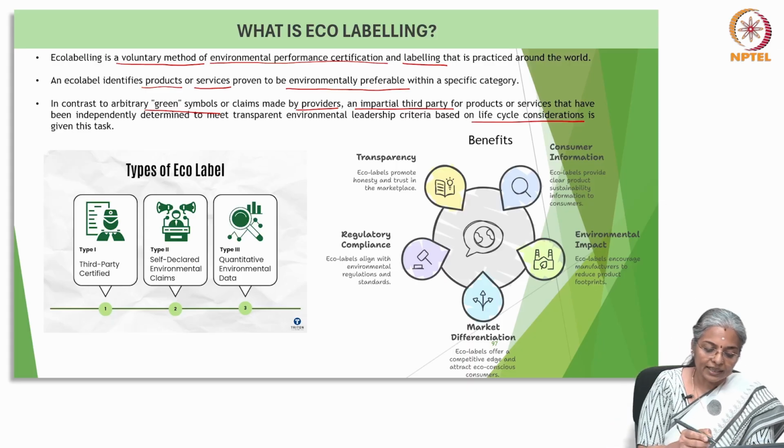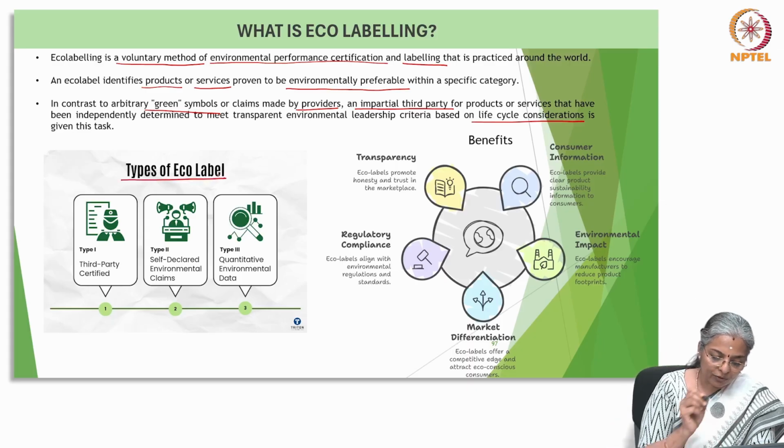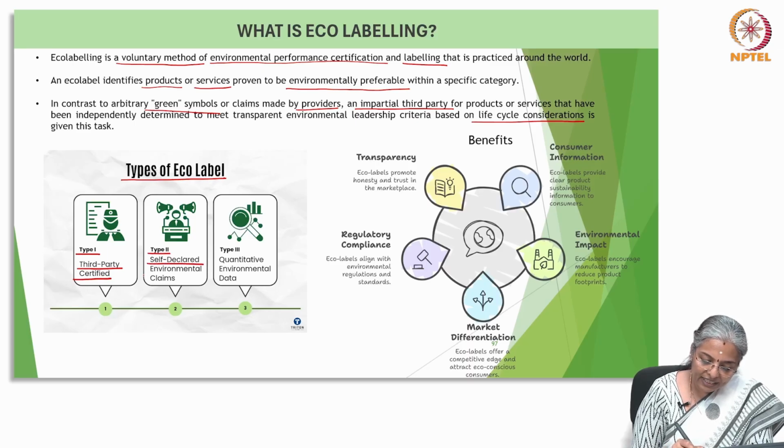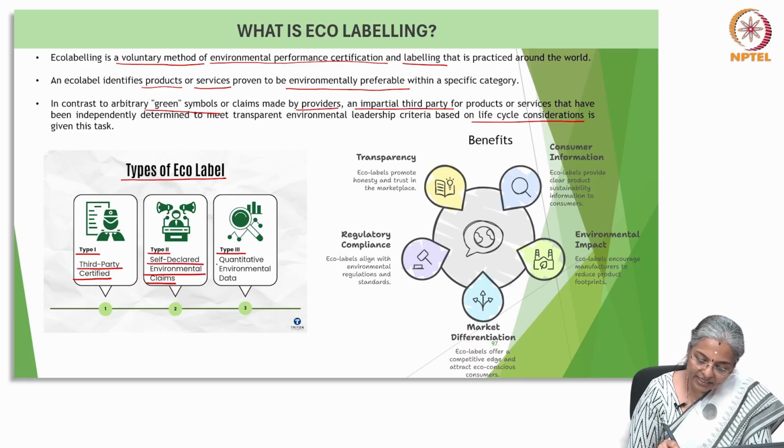Now, there are three types of eco-label. Type 1 is a third party certified eco-label. Type 2 is self-declared environmental claims, and type 3 is quantitative environmental data.